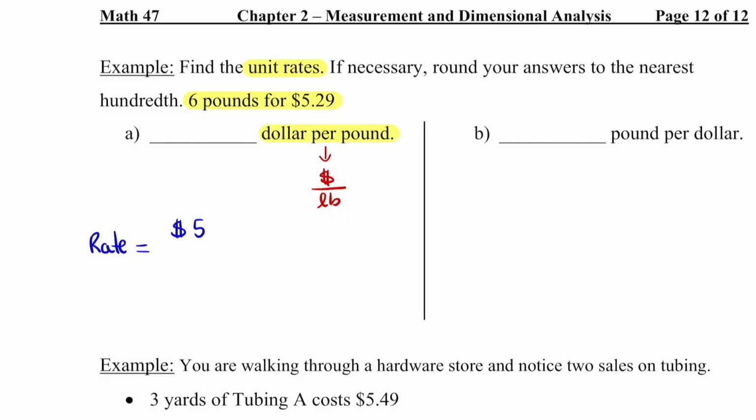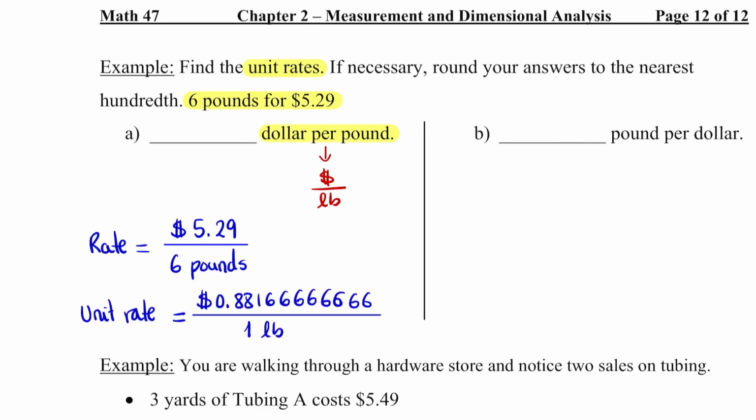My rate is $5.29 over 6 pounds. I want the unit rate. To find the unit rate, I'll just take the numerator divided by the denominator. So I take 5.29 divided by 6, and I have 0.881666666, and this 6 will keep repeating.